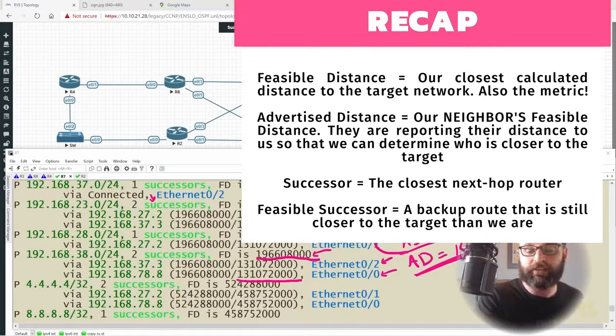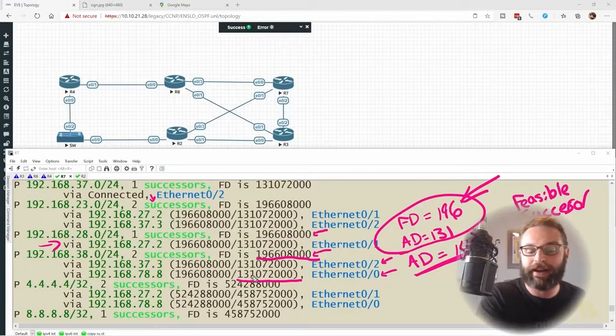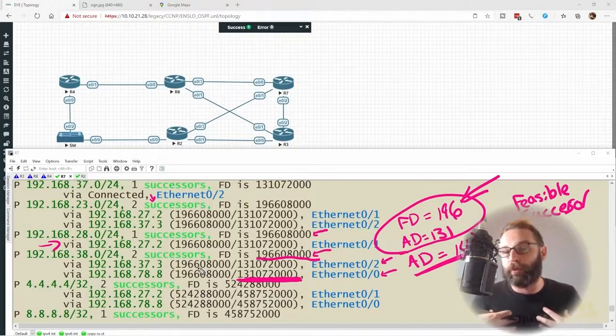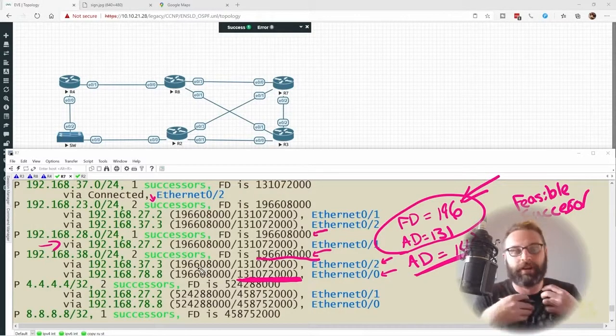However, if we see a scenario where there is one successor, but two prefixes, two advertisements installed in our topology table, we then have a feasible successor or a feasible backup route. And the thing to look for, of course, is going to be if the advertised distance from that prefix is less than our feasible distance, meaning they are closer to the target than we are.